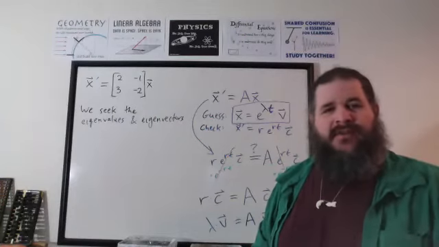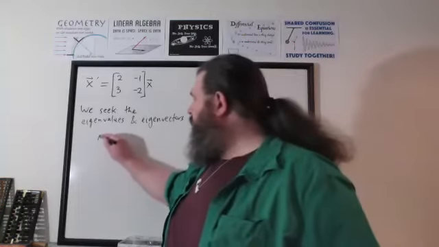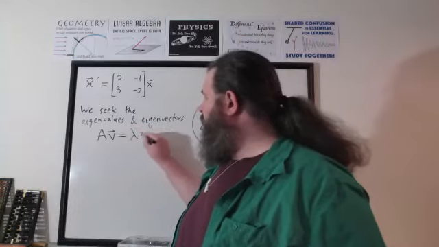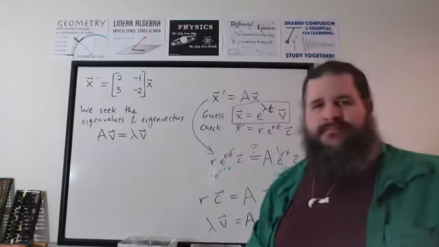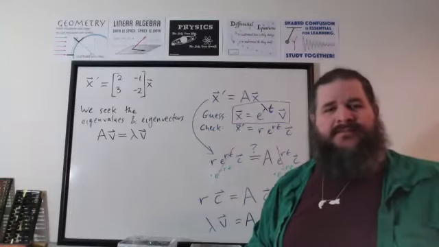What's our typical process for that? If we're starting with the idea that A times V equals a scalar lambda times V, how would we go about finding the eigenvectors or finding the eigenvalues?